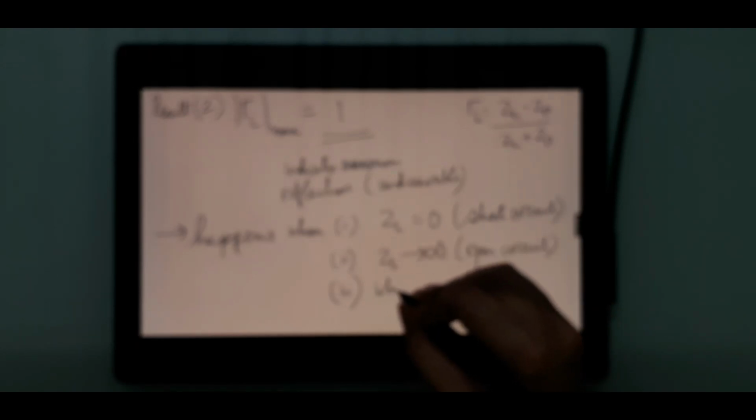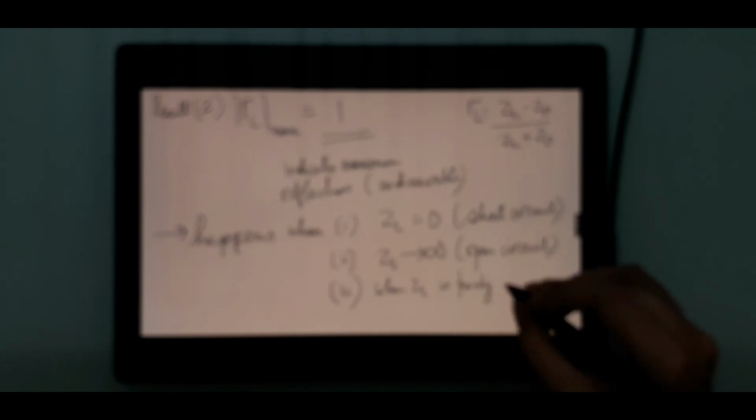So, looking at this expression for gamma L, under what other condition can mod gamma L tend to 1? And the answer is when ZL is purely reactive or imaginary. That means when the load is purely inductance or capacitance.